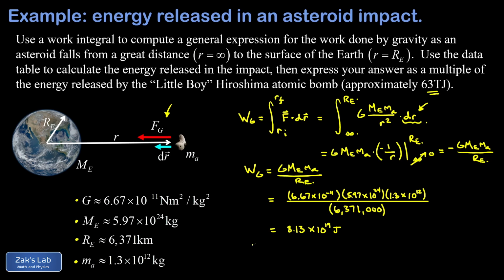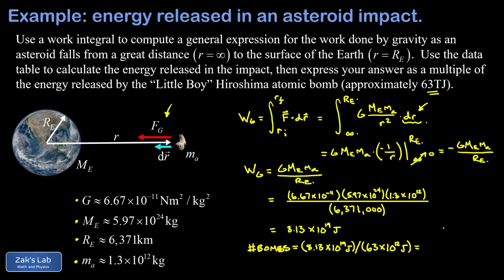Now, what about the equivalent of this energy release in terms of atomic bombs? We're going to take our total energy released in this asteroid impact, 8.13 times 10 to the 19 joules, and then divide by the energy released in this Hiroshima atomic bomb explosion. That was given to us as about 63 terajoules, a number that I got from Wikipedia, by the way. And tera means trillion. That's 10 to the 12th joules.